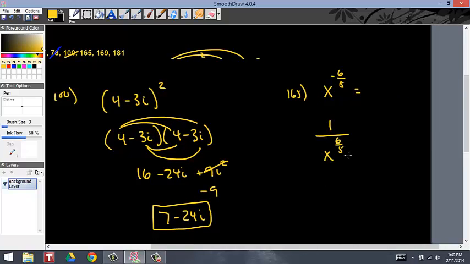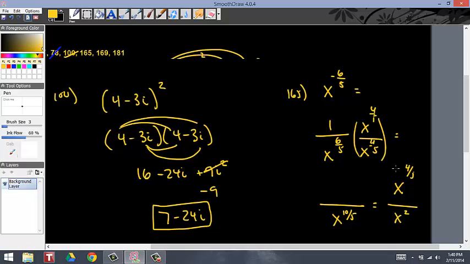The problem is that I can't have any fractional exponents on the bottom, so I need to rationalize this denominator, but I need to figure out a way to get x to have a whole number exponent on it. 6/5, what's the next number up that I can use to kind of divide by 5 and get a whole number? Esther? Yeah, actually you should. You're going to multiply by x to the 4/5 because 6/5 plus 4/5 is, on the bottom, x to the 10/5, which is x squared. And don't forget your x to the 4/5 up top.